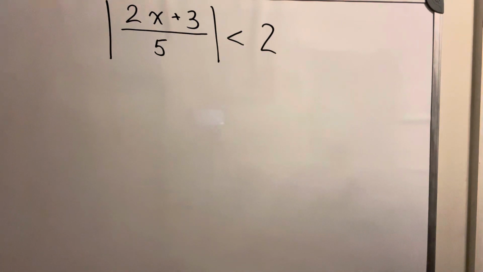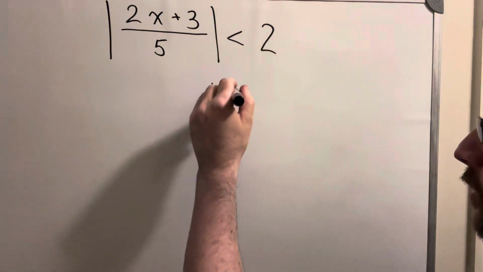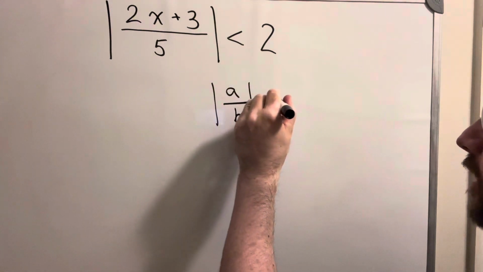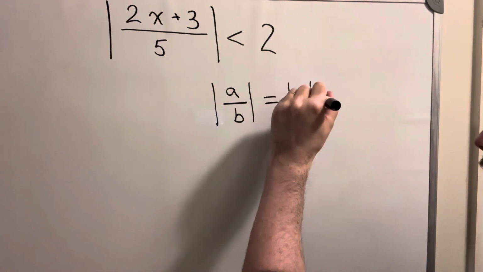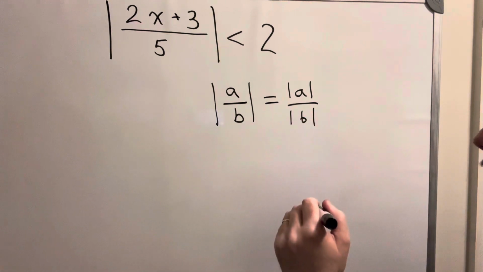And ask yourself, do you know any properties of inequalities that have to do with quotients? Well, one of them is if you have an absolute value of some a over b, this is equivalent to the absolute value of a over the absolute value of b.